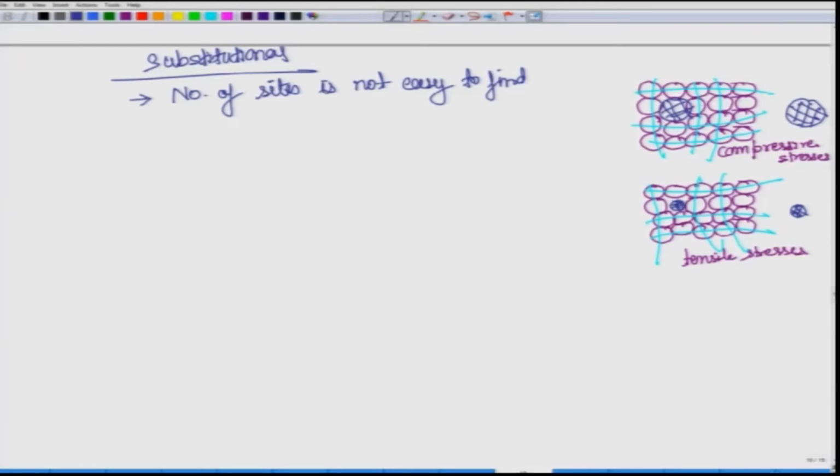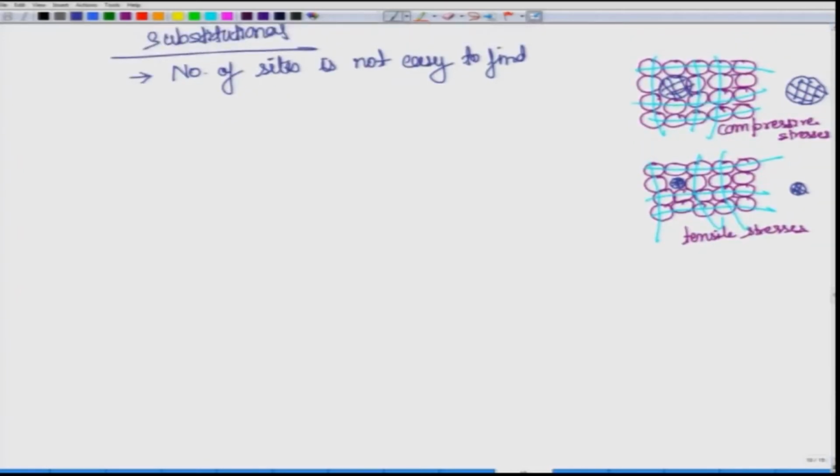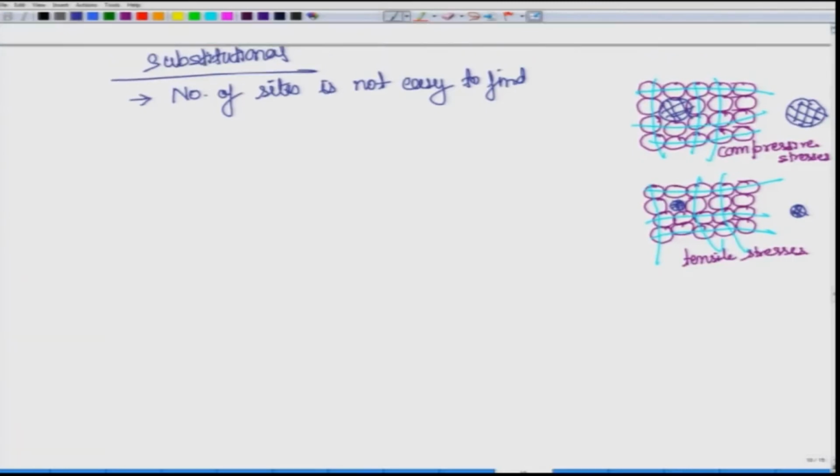Now, as you can see, one of these atoms will have to be displaced. So, it is not so easy for it to find a site, and that is what I have written over here, that it is not easy to find sites. So, the number of sites where these atoms can substitute is not easy to find. Once they are in, let us say by one way or the other they are able to find a site.